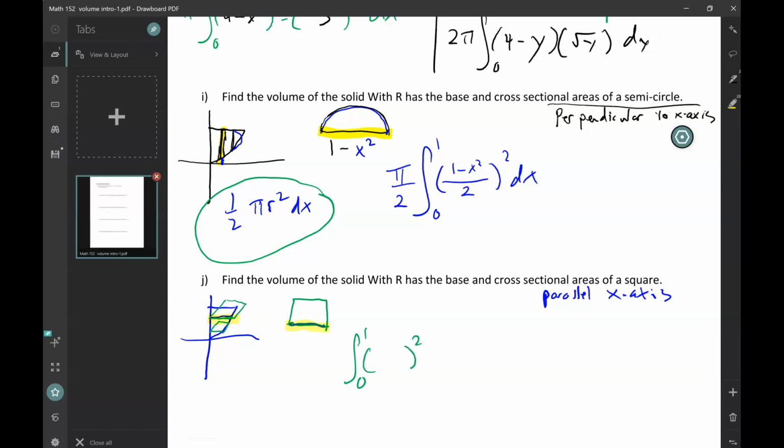And once again, because now we're running parallel to the x-axis, that means my little bit of thickness, you can kind of picture it there, is in the y direction. So that's going to be dy. So basically we just need to know how long that little yellow line is, because that's going to be our side length, and the area of a square is just side times side. That, of course, is determined by this line y equals x squared again.